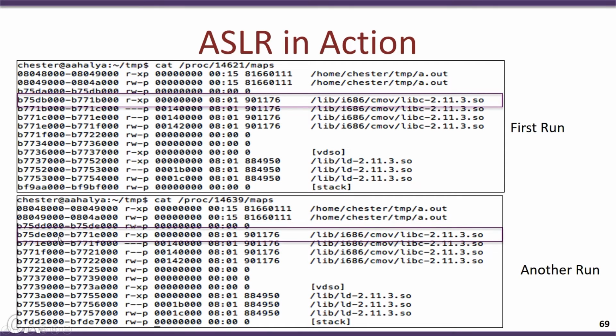Thus, we see that with each run of the application, the virtual address map for that application is changing. Now, since the virtual address map changes, the locations of the gadgets would change. Therefore, the ROP based attack which the attacker has created will not work all the time.